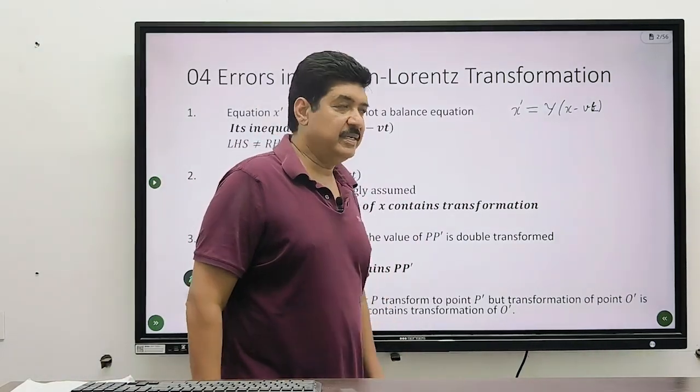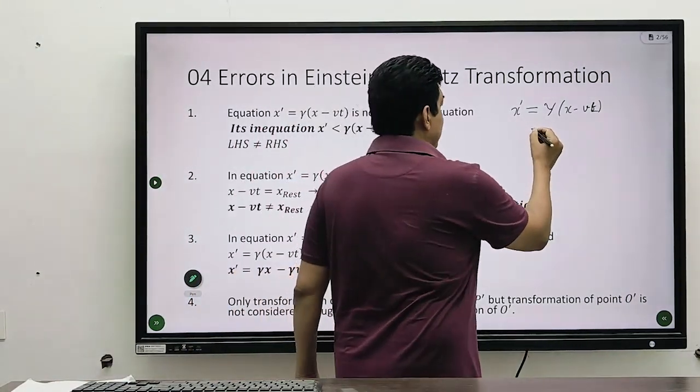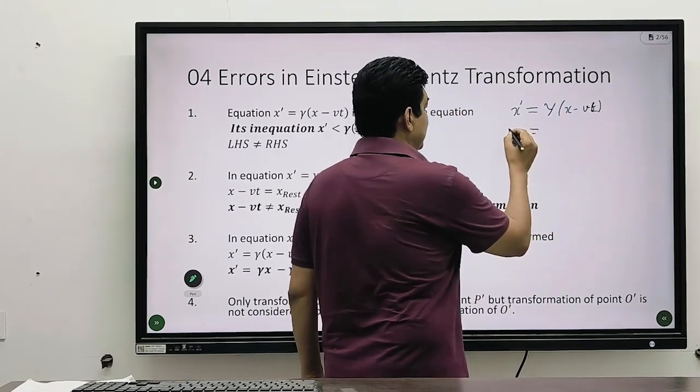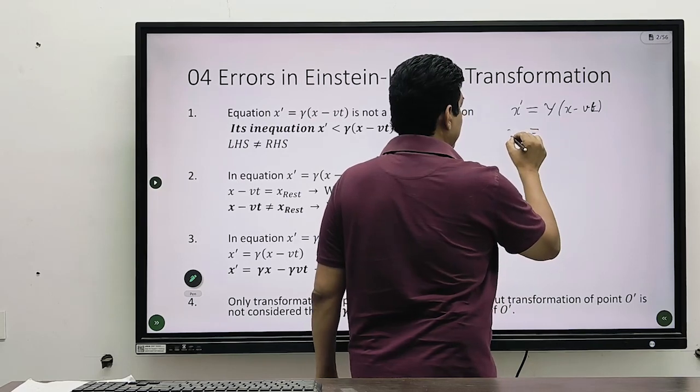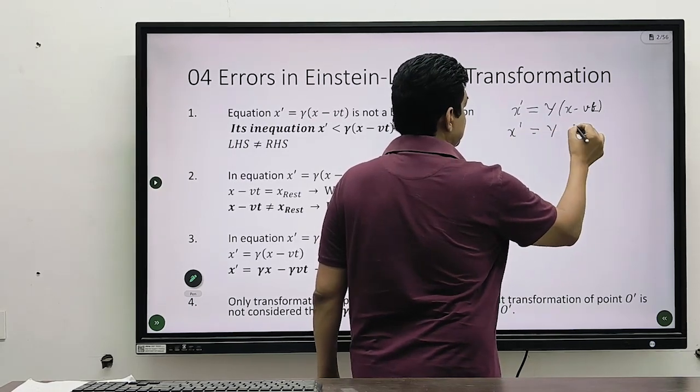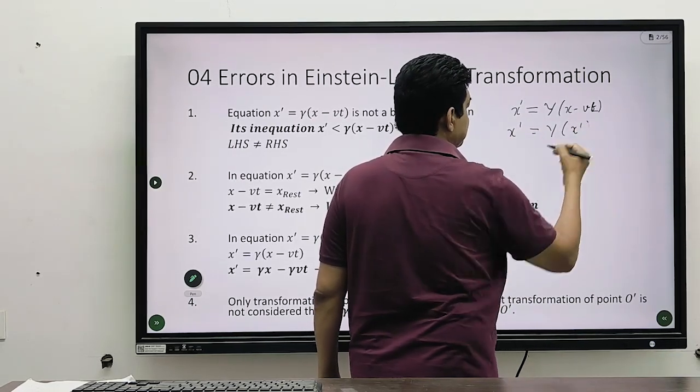The reason behind it is that x minus vt is actually equal to x prime.